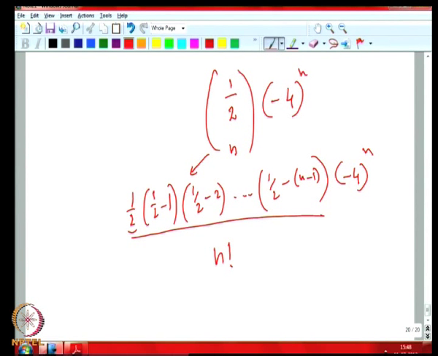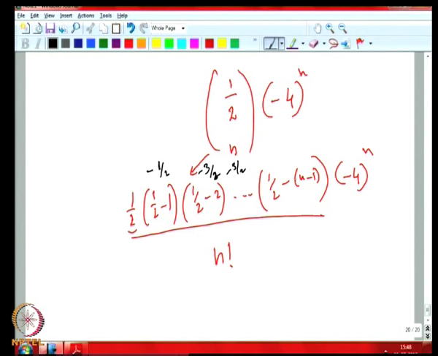Now half is here, and half minus 1 can be written as minus 1 by 2, and half minus 2 is minus 3 by 2. The next will be minus 5 by 2, and up to where will we go?